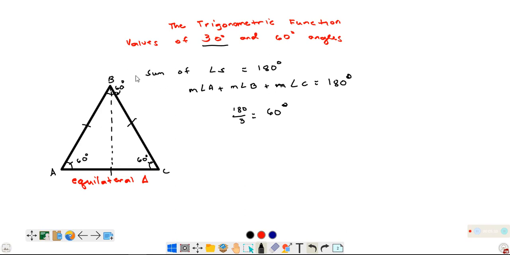Kapag meron tayong equilateral triangle, nagko-coincide yun lahat. Yung midpoint ng opposite side ay magiging endpoint of your perpendicular bisector and angle bisector as well. Pag sinabi natin angle bisector, hahatiin niya yung angle mo into two congruent parts. Kung ito ay 60 kanina, this will now be equal to 30 degrees.